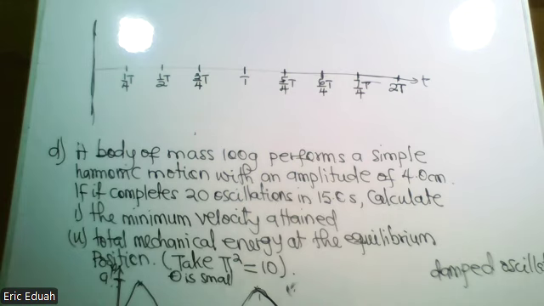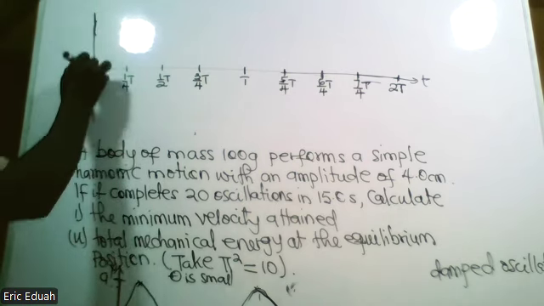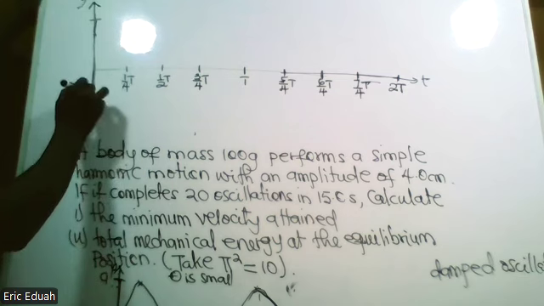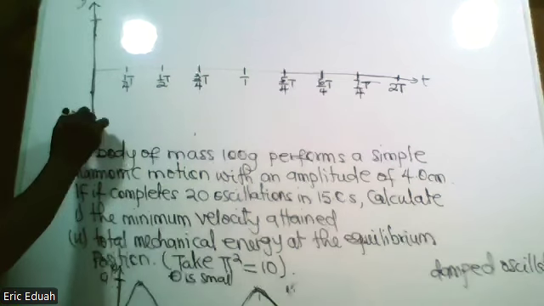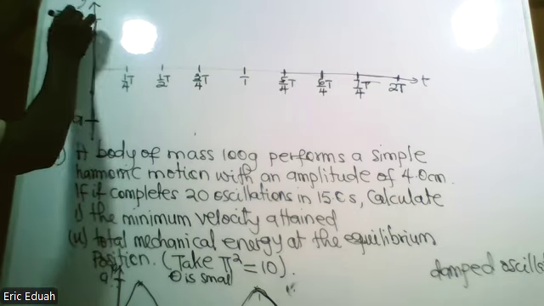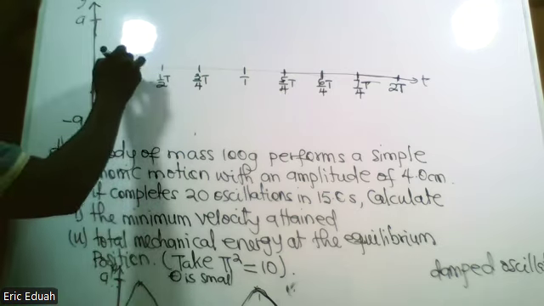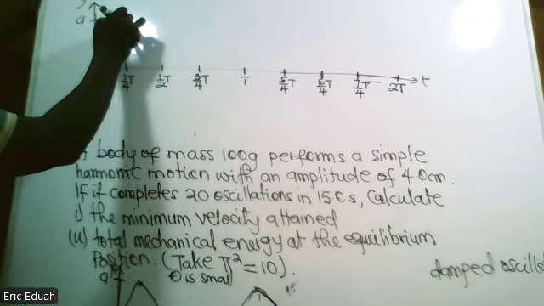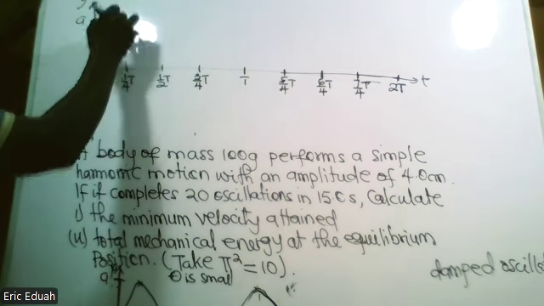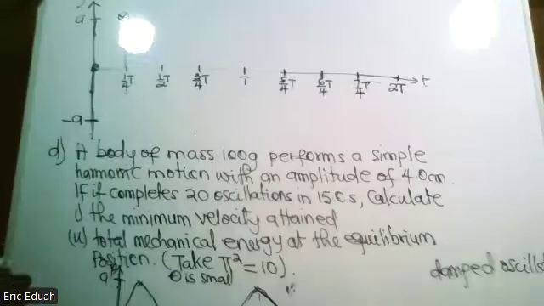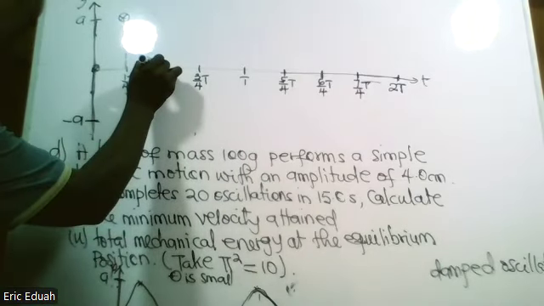Now here the body's displacement starts with a very large amplitude. And as the body oscillates, its amplitude decreases. So at T, 0, at quarter, we have maximum. At this point, 0.